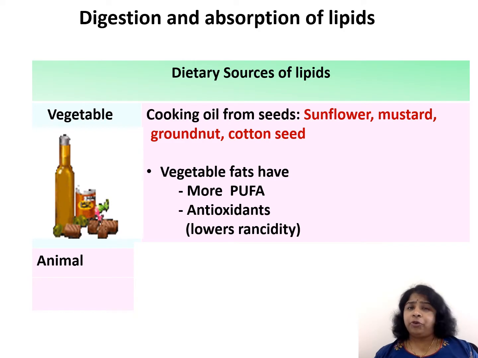I think most of you will be using sunflower oil, or you might have seen your parents using coconut oil or groundnut oil, canola oil, olive oil. All these are examples of oils that we get from vegetable sources.